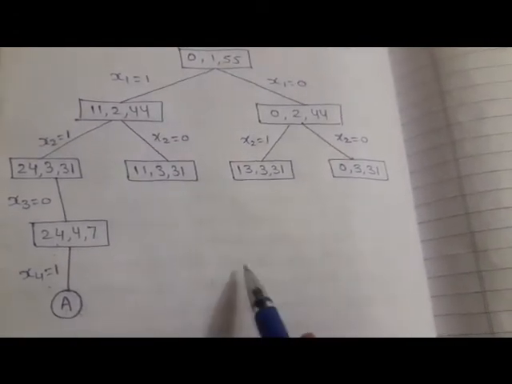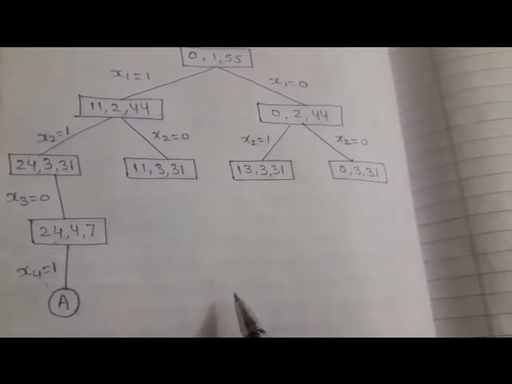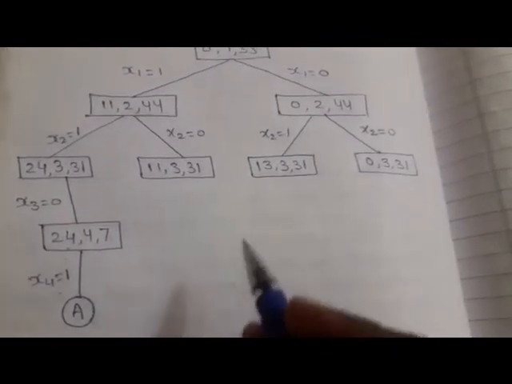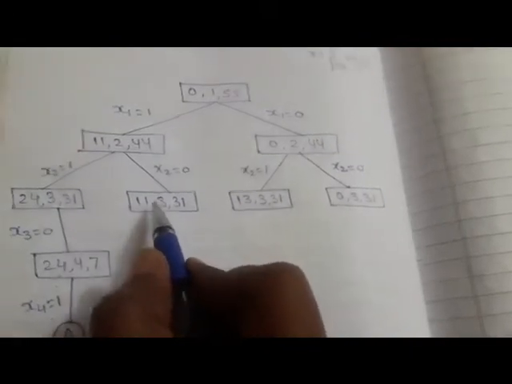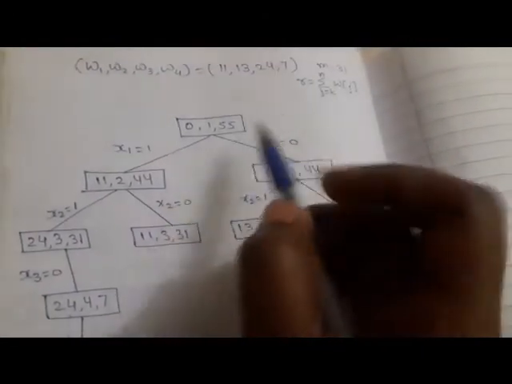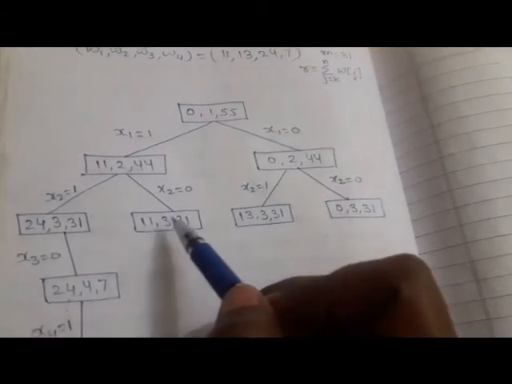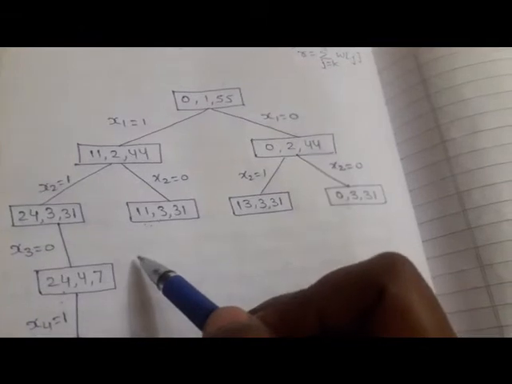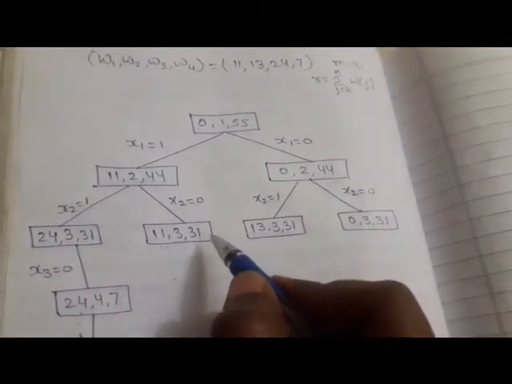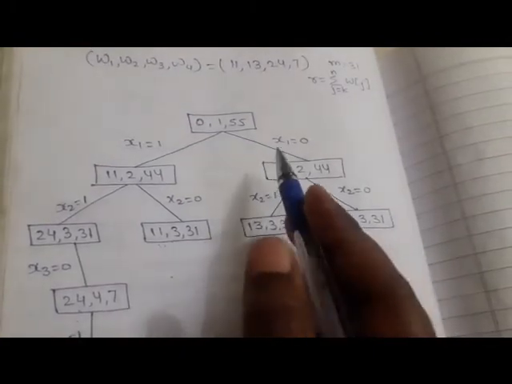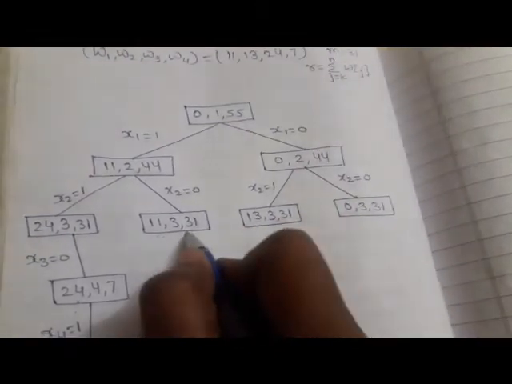Now we will find out the next solutions for the same subsets. Now here if we include this 24 into this 11, so 11 plus 24 is more than 31. So that's why we will not include x3, that is the third instance, 24, into this.